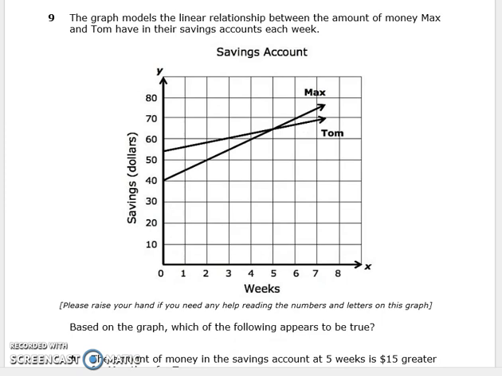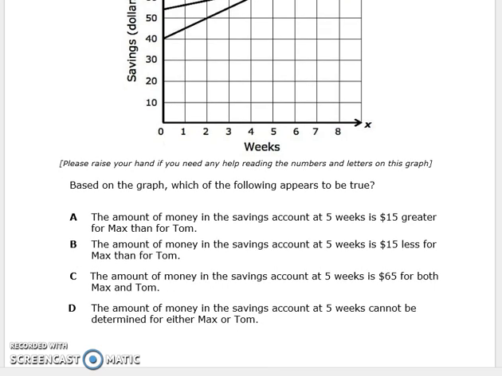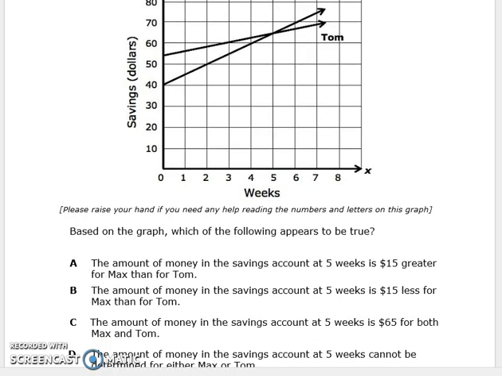Number 9. The graph models the linear relationship between the amount of money Max and Tom have in their savings accounts each week. Based on the graph, which of the following appears to be true? A. The amount of money in the savings account at 5 weeks is $15 greater for Max than Tom.